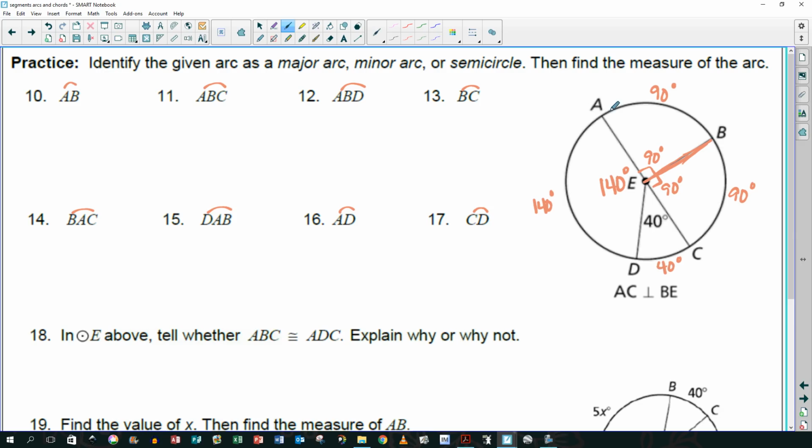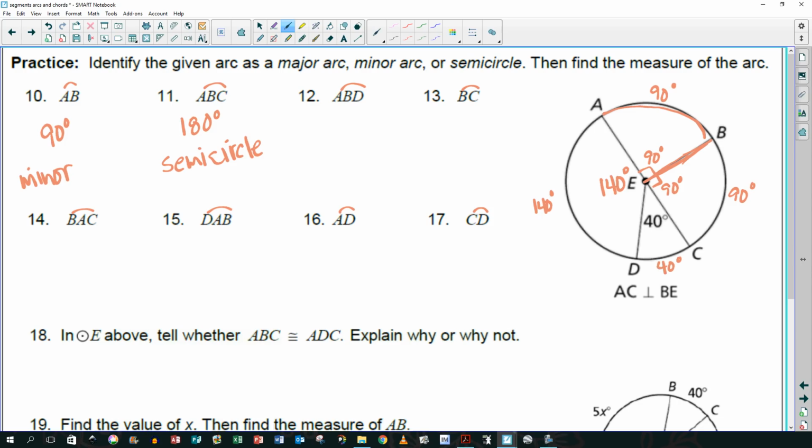All right. So arc AB. So they're talking about this arc right here. So AB is 90 degrees. Therefore, it is minor because it is less than 180. ABC. A to B to C. This is 180 degrees, and this is a semicircle. ABD.